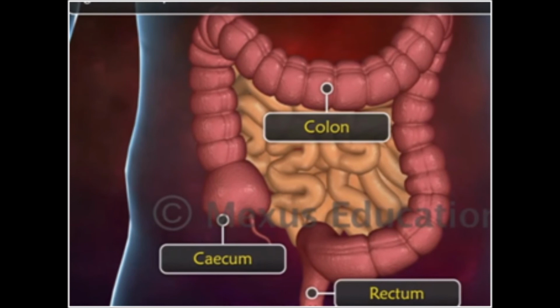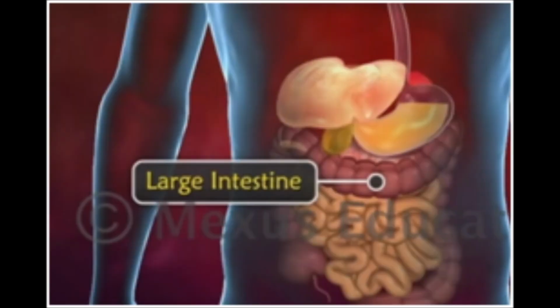The transverse colon crosses the abdominal cavity below the pancreas. The descending colon runs downward on the left side. And the pelvic colon is S-shaped and continues into the rectum. The rectum is slightly dilated and about 13 centimeters long. It opens outside by the anus and is guarded by two anal sphincter muscles.